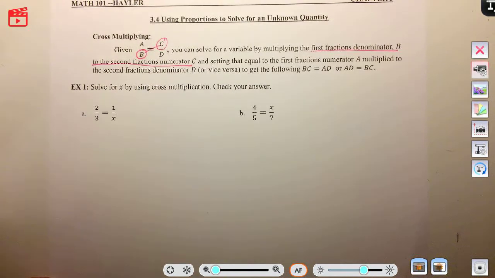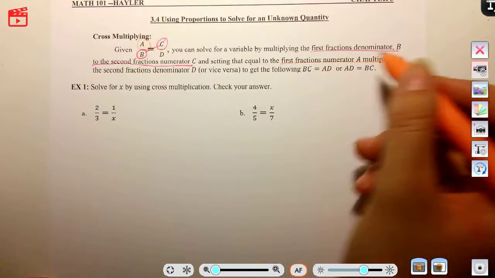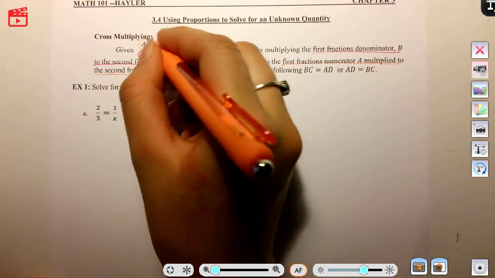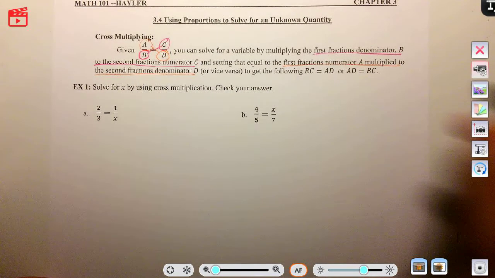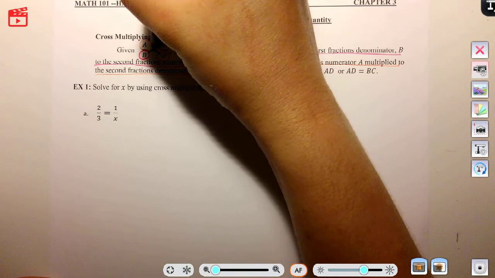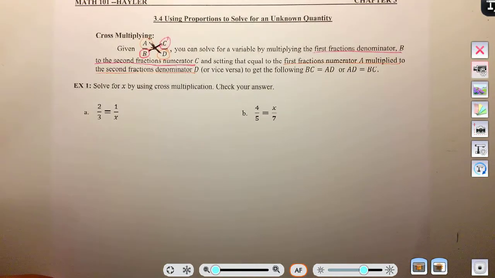And then setting that equal to the first fraction's numerator, a, multiplied to the second fraction's denominator, d. Now if you'll notice, what symbol did I make when I did this? I made an X, hence where the term cross multiplying came from.